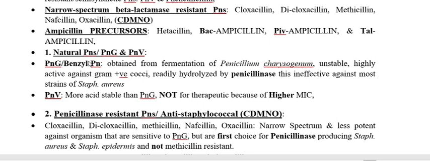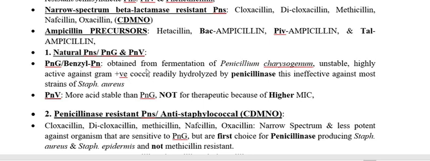So when you give penicillin G by the oral route, the drug gets destroyed. Therefore, penicillin G is only available for parenteral administration.